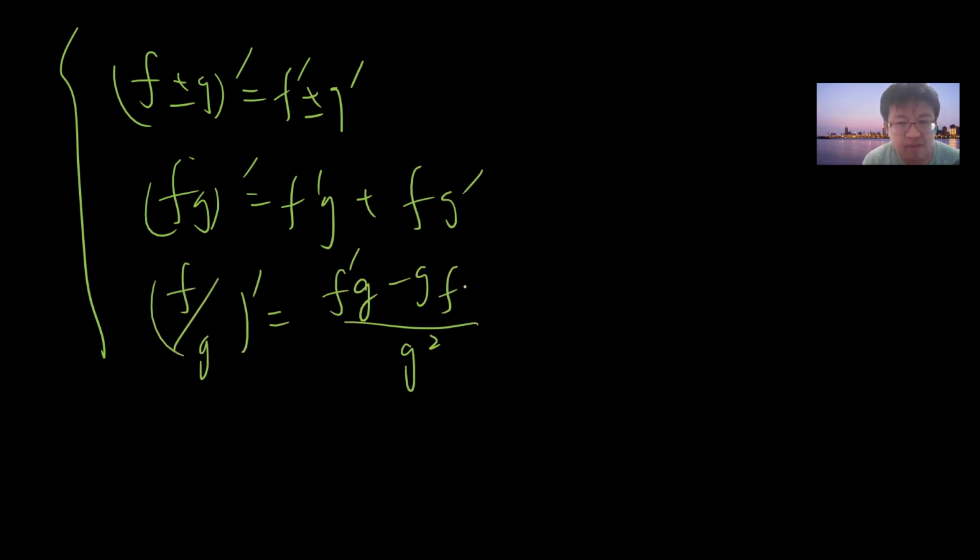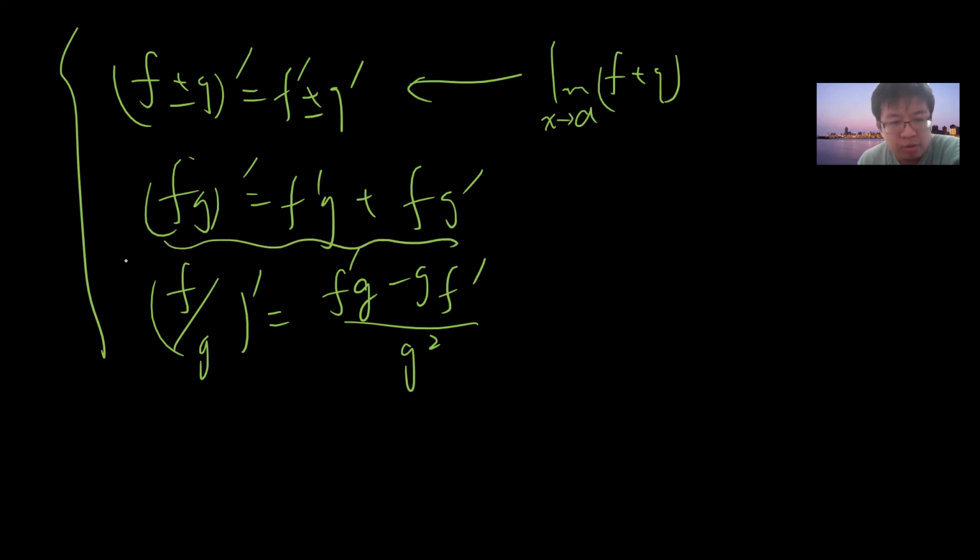It is trivial from the limit, because we already proved that the limit of a sum is the sum of the limits. You can use sequences to prove it.